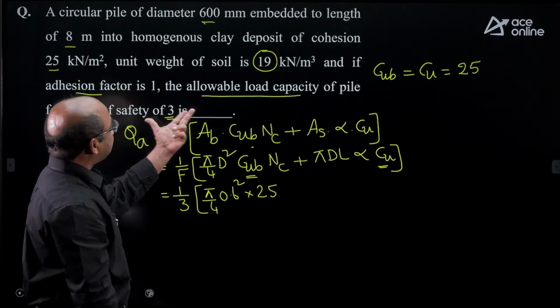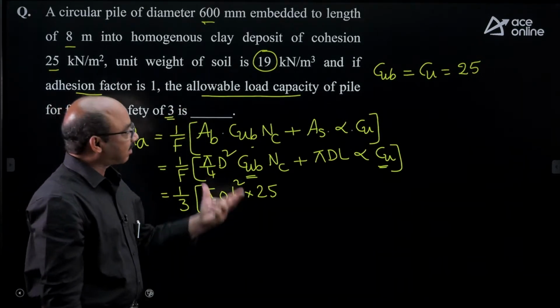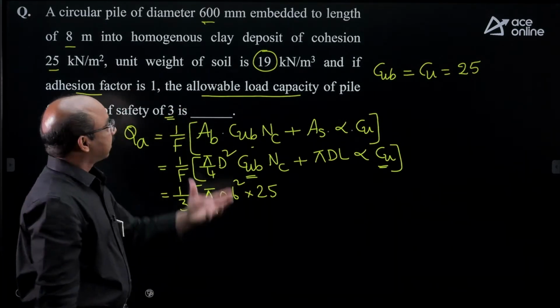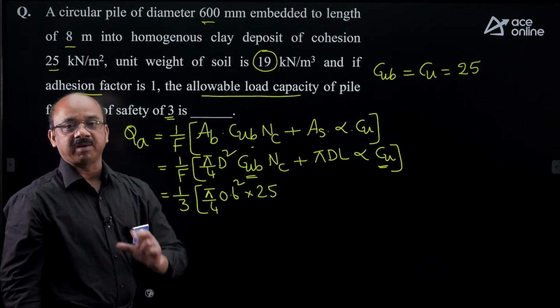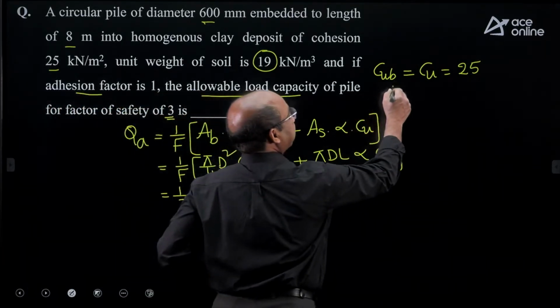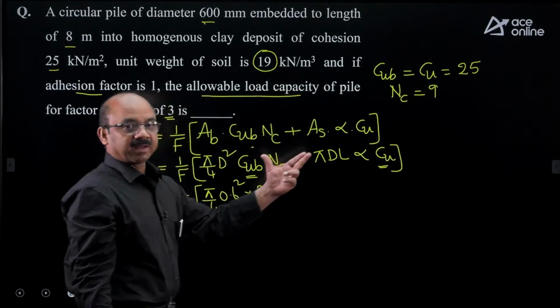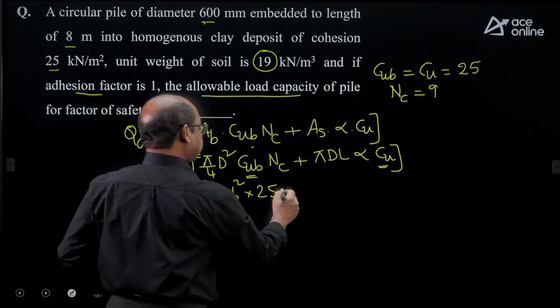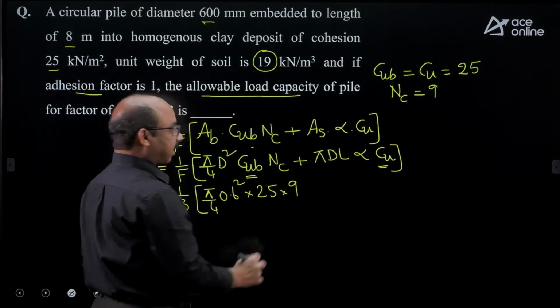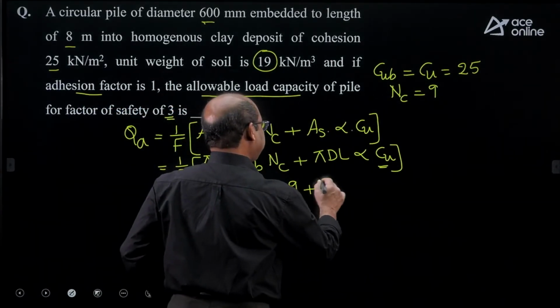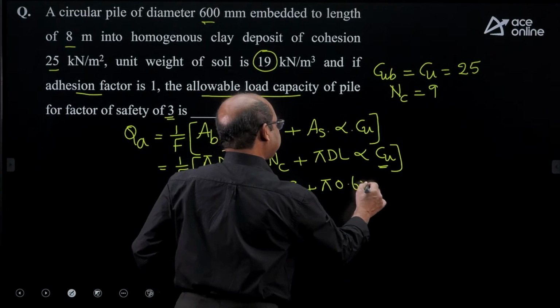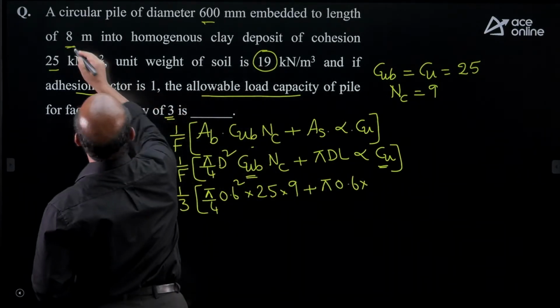I think students have not given us the bearing capacity factor, and I think it's not necessary also, because you know that in the case of a clay soil for which phi value is 0, you can take the bearing capacity factor Nc value as 9. So the same 9 I am going to assume here, plus pi d L, pi, diameter 0.6, length of the pile given already, it is 8 meters.